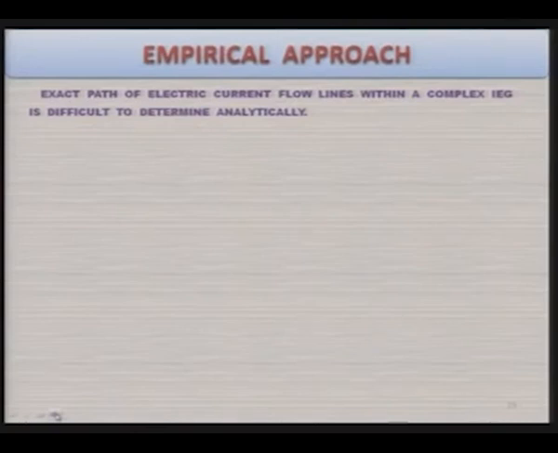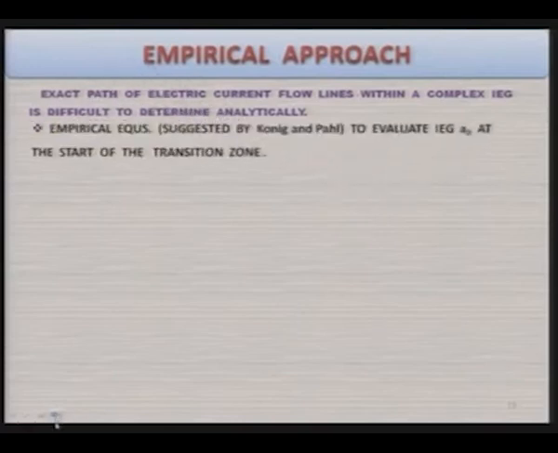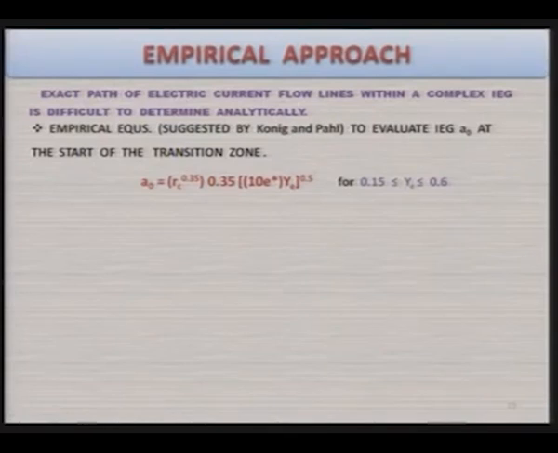The exact path of electric current flow lines within a complex inter-electrode gap is difficult to determine analytically, as we have seen and I have mentioned. The empirical equation suggested by Koenig and Paul of Germany to evaluate the inter-electrode gap A0 at the start of the transition zone is given as follows: A0 is equal to RC raised to power 0.35 multiplied by (0.35 E* multiplied by YE) whole raised to power 0.5.